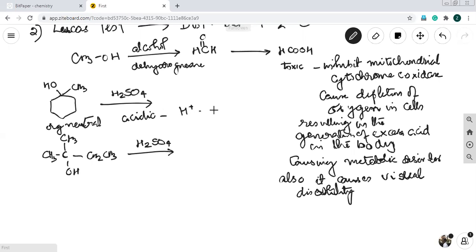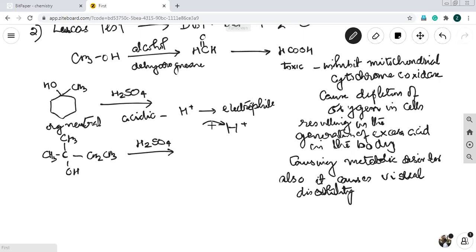Now H plus will act as an electrophile or a nucleophile. Quite naturally, it acts as an electrophile. Now, when we write the mechanism, this is the meaning of what I'm telling you. This is your H plus. There should be an arrow which is ending on H plus. That is important.